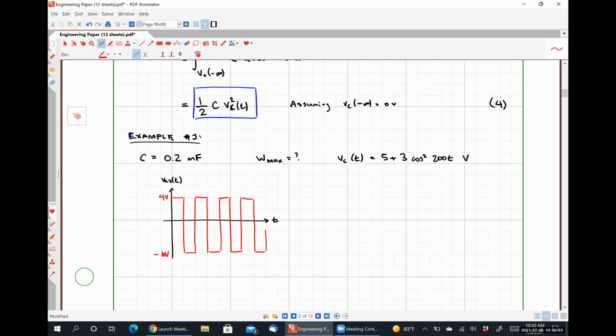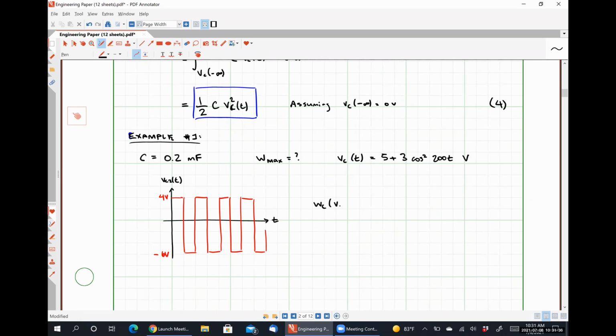So our capacitor would be storing the most amount of energy whenever we hit the larger peak of the voltage, right? So for example, let me redraw this.